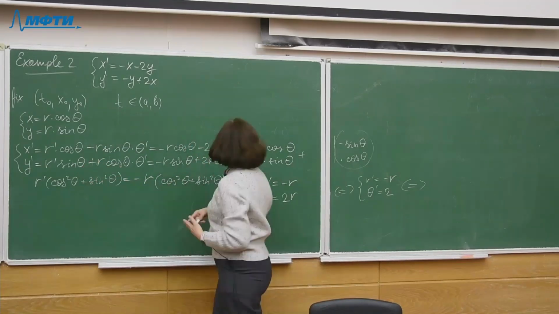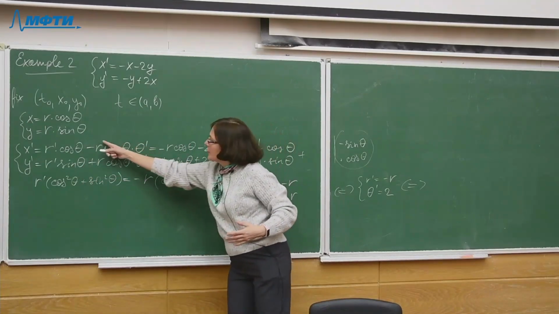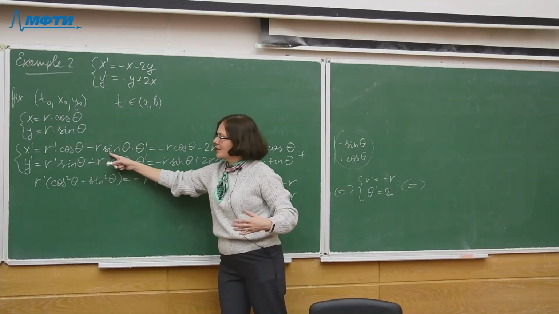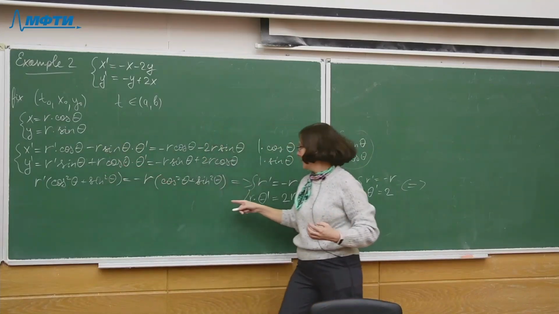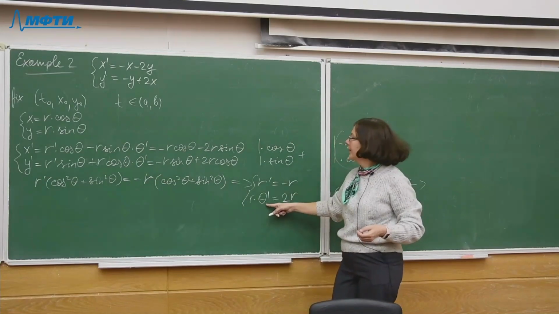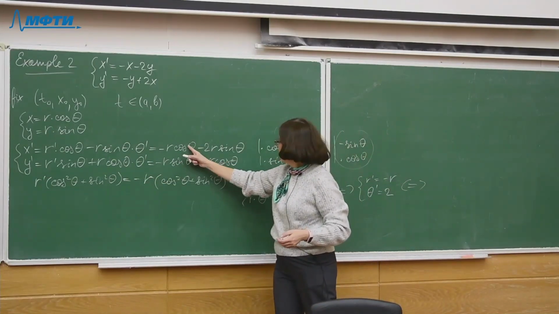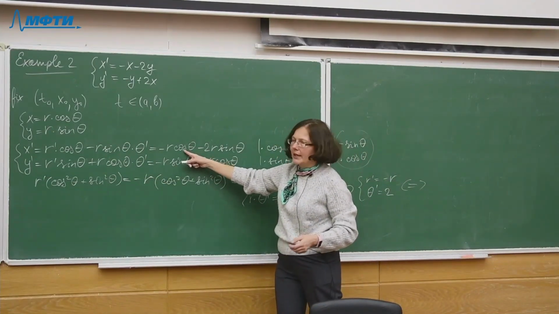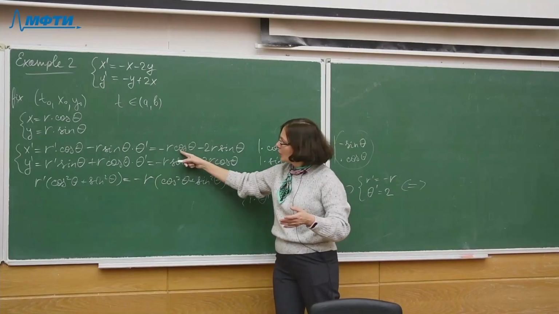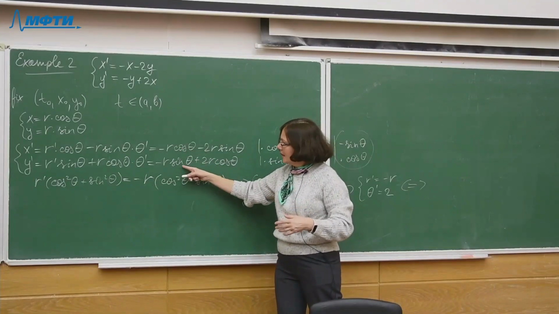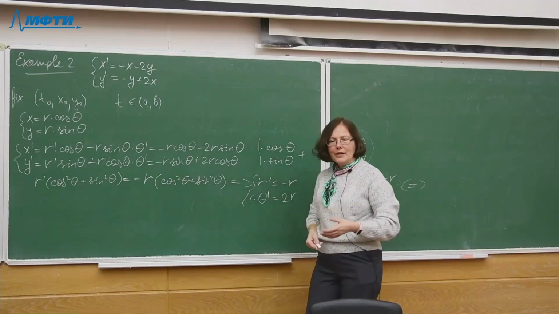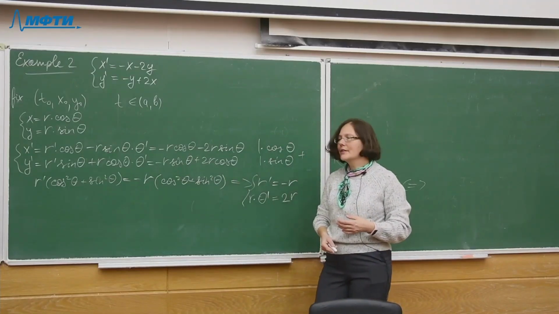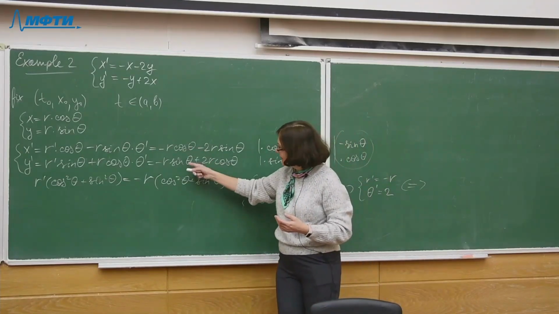And added together, this coefficient will be r times sine squared plus cos squared. Then this will be eliminated because this is multiplied by minus sine, so cos sine and sine cos with the inverse sign.